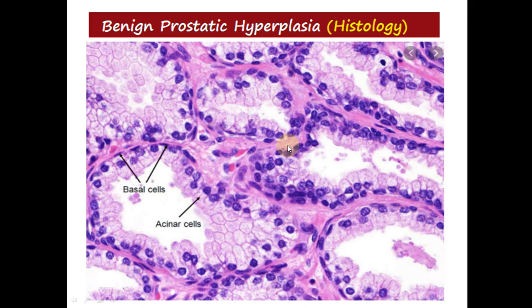But if we compare a slide from benign prostatic hyperplasia to a microscopic section of a normal prostate, we can see the hyperplastic and hypertrophic cells and the increase in the fibromuscular tissue.